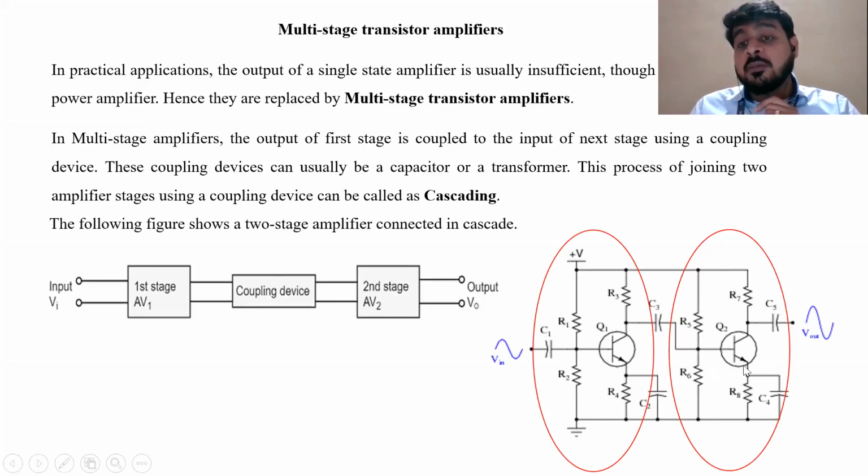If you are changing the path, then you have to change the entire thing and collect the output from the emitter. So you have to be more careful. Because the gain of the CC amplifier and the CE amplifier will be different. It will not remain the same, because we have done problems on CE and CC amplifiers, and we have seen that the gain of CC is slightly different from CE.